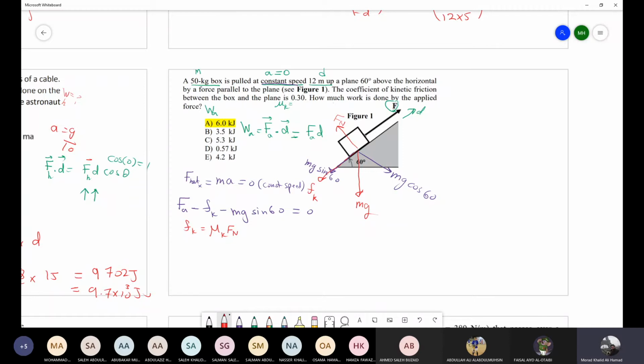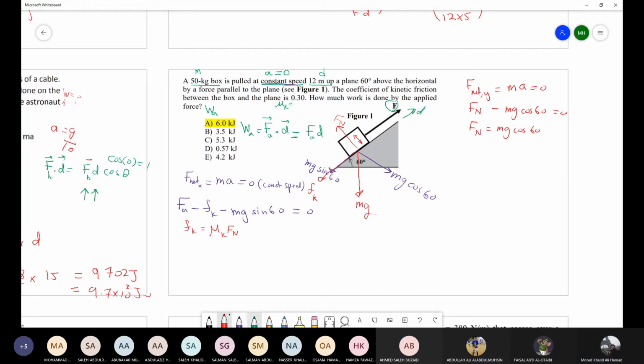From the y direction, this particle cannot move up or down, so F net in the y direction equals ma, which is 0. So Fn minus mg cosine 60 is equal to 0, or Fn equals mg cosine 60.